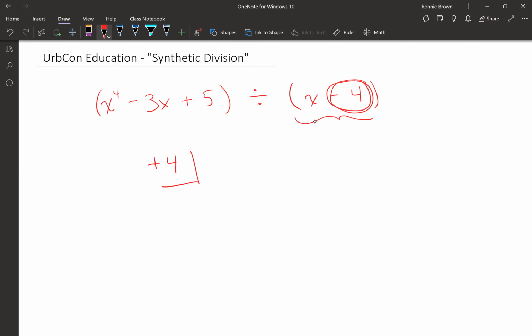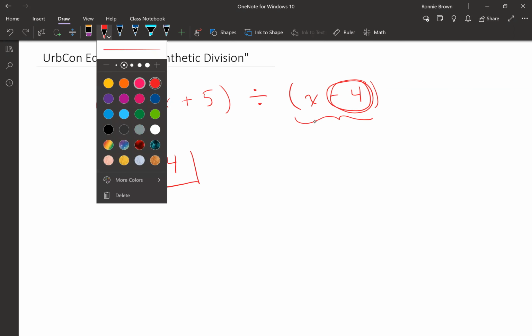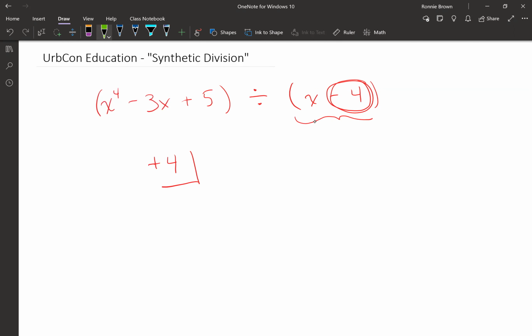So now after doing so, we're going to use all the coefficients, the coefficients that are in front of all of these variables. For instance, that x to the fourth has a +1. And as you can see here, we're missing x to the third and x to the second, so we have to insert placeholders for them.